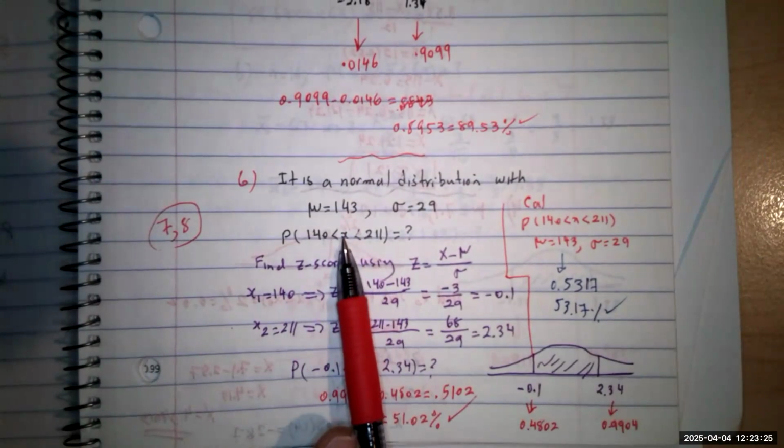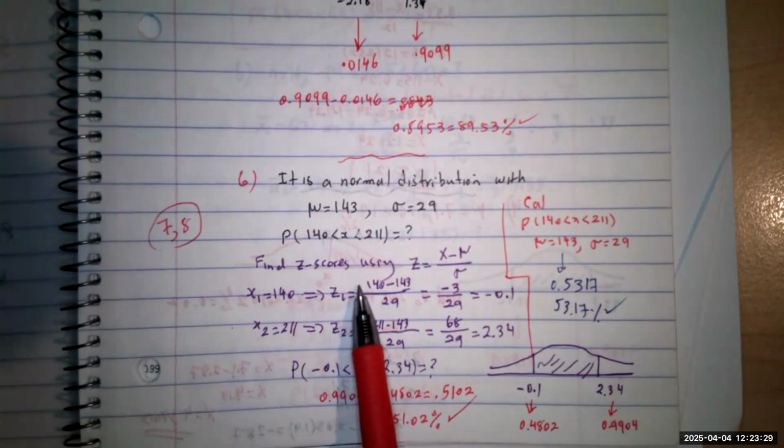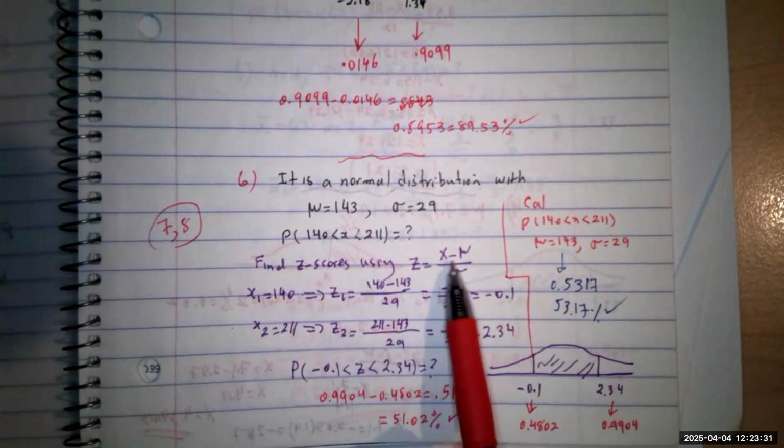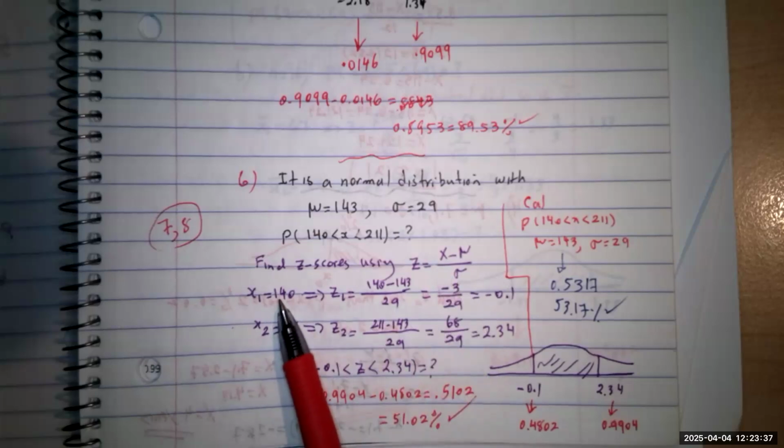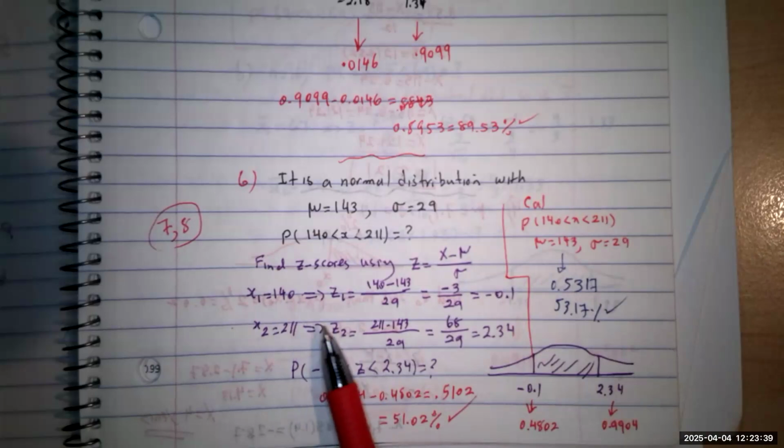You see, if you want to do it manually, these are X. You have to change them to Z first. So you have to use the Z-score formula, Z equals X minus mu over sigma. Then you change them. You already got these numbers on that application. The corresponding numbers are going to be negative 0.1 and 2.34.